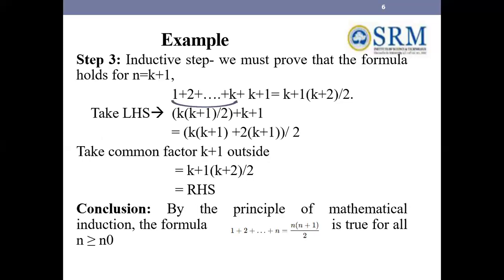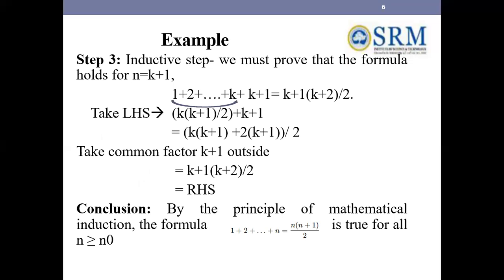Next, inductive step. So we know P of k is true. Now we are going to prove P of k plus 1 is also true. So substitute the value. After k, the next term will be k plus 1, because each term is incremented by 1 to get the next term.